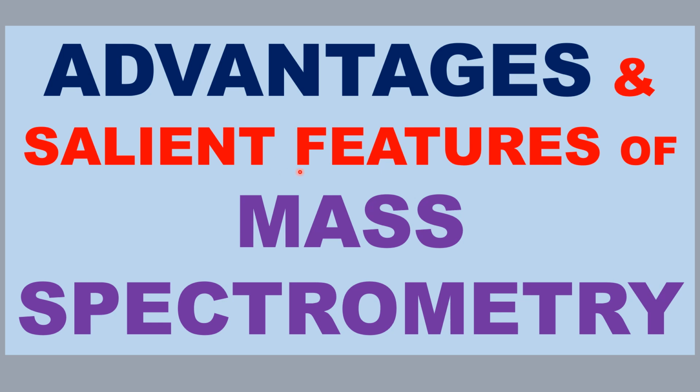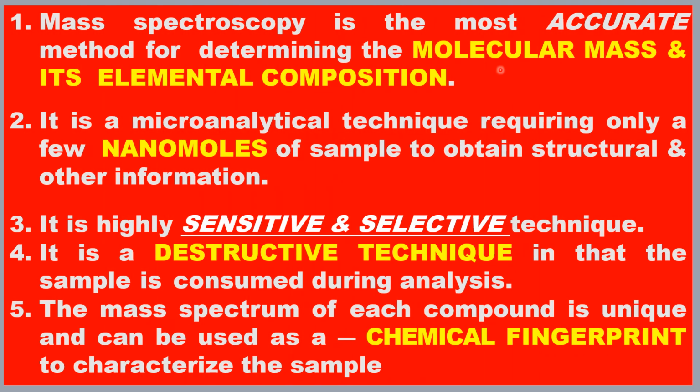Let us see in the next slide the major advantages and salient features of mass spectrometry. It is the most accurate method for determining the molecular formula, molecular mass and elemental composition.